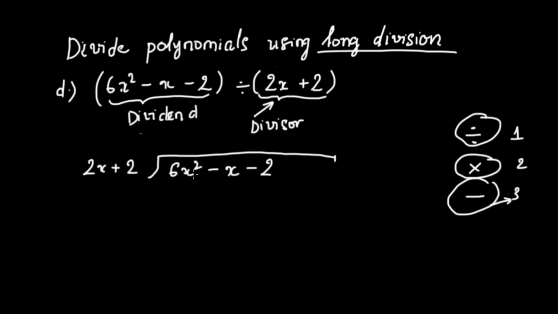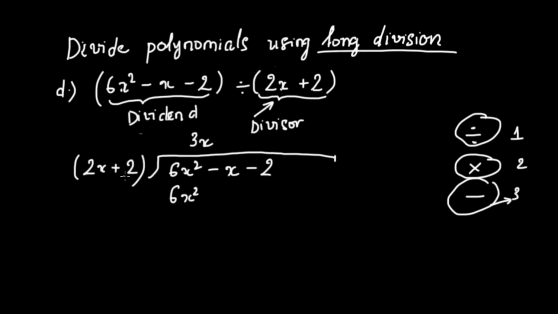We take 6x squared divided by 2x, and the result is 3 times x, because 3x times 2x, you got 6x squared. And we take 3x, we multiply back to the divisor, which is step number 2. 3x times 2x, you got 6x squared. You put it here.